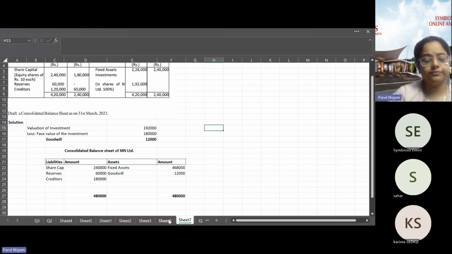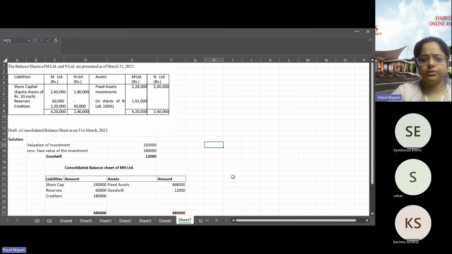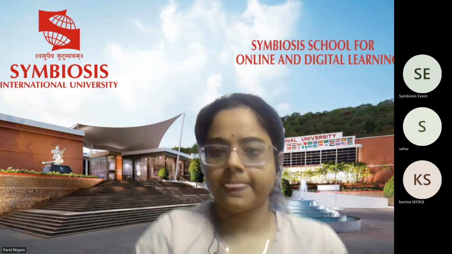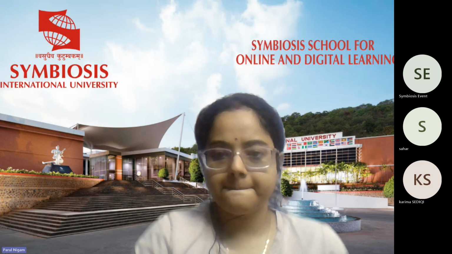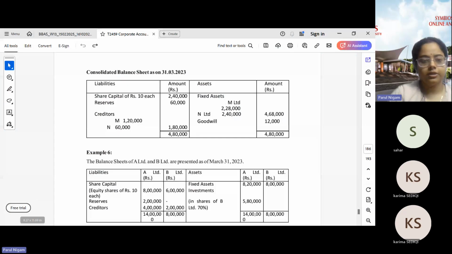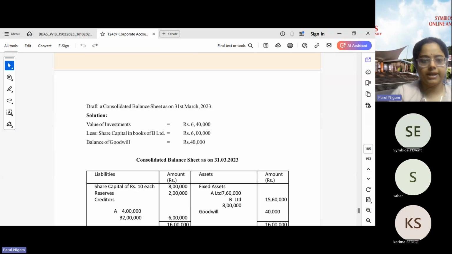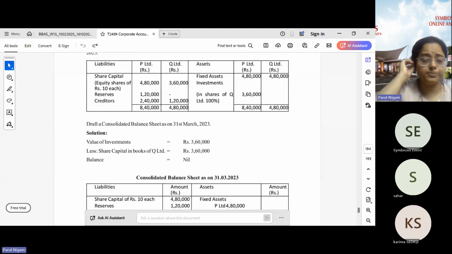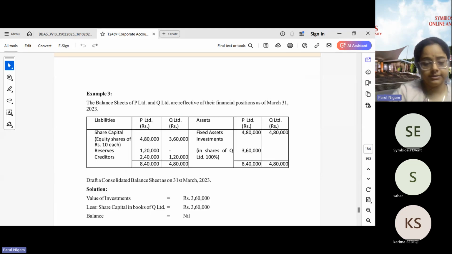I have solved a few questions, but there are, I think, two or three more questions which are given in your SLM. They're on the same pattern. Try to solve those questions. I will quickly run through those questions. Yes. You can see these are the same pattern questions which I would request all of you to please practice after the session.